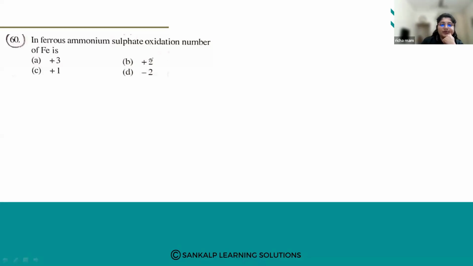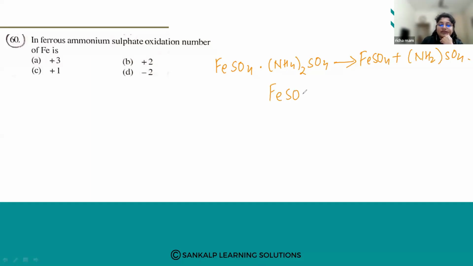It is FeSO4.(NH4)2SO4. That will give you FeSO4 plus (NH4)2SO4. So here, from FeSO4, it is giving you Fe plus 2 and SO4 minus 2 ions.